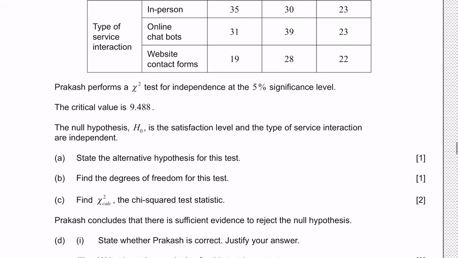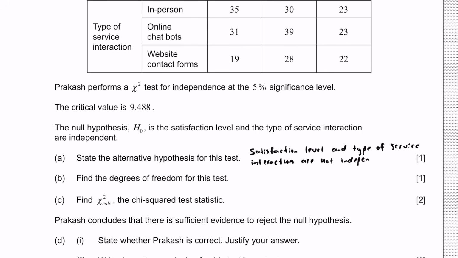State the alternative. So remember, null hypothesis and alternative always have this kind of generic form. Satisfaction level, or blank and blank, are independent, or blank and blank are not independent. And in this case, satisfaction level, and this is kind of lengthy, type of service interaction, essentially the exact same thing, they're either dependent or they're not independent.